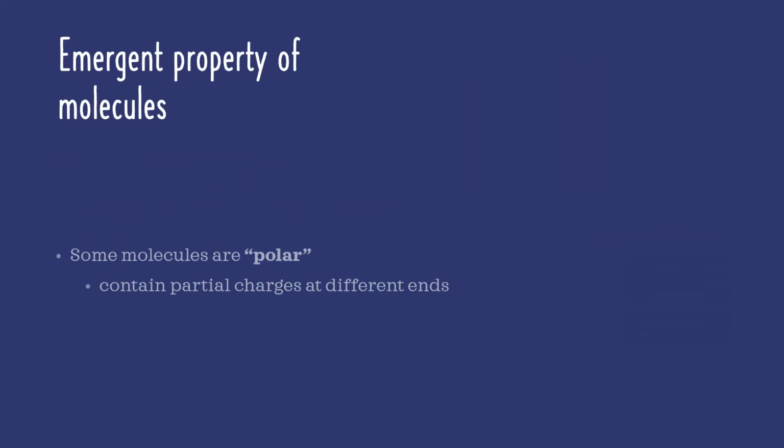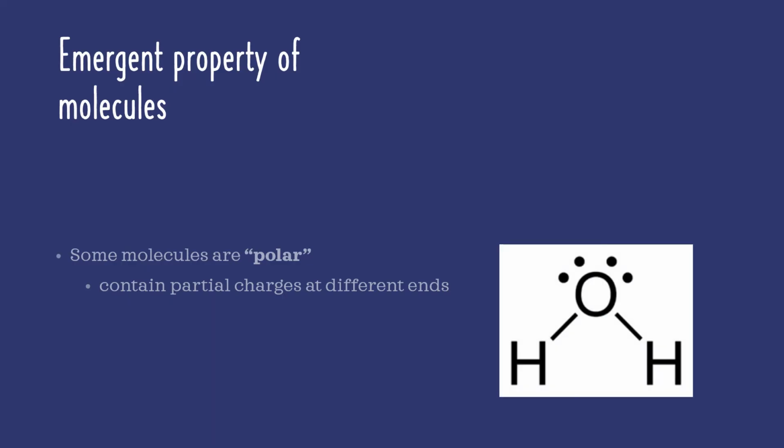Molecules that contain a polar covalent bond can exhibit a similar property to a charge. Remember that oxygen is more electronegative than hydrogen, but not strong enough to steal the electrons away completely. Molecules like this, made up of component atoms that differ in electronegativity, are called polar.